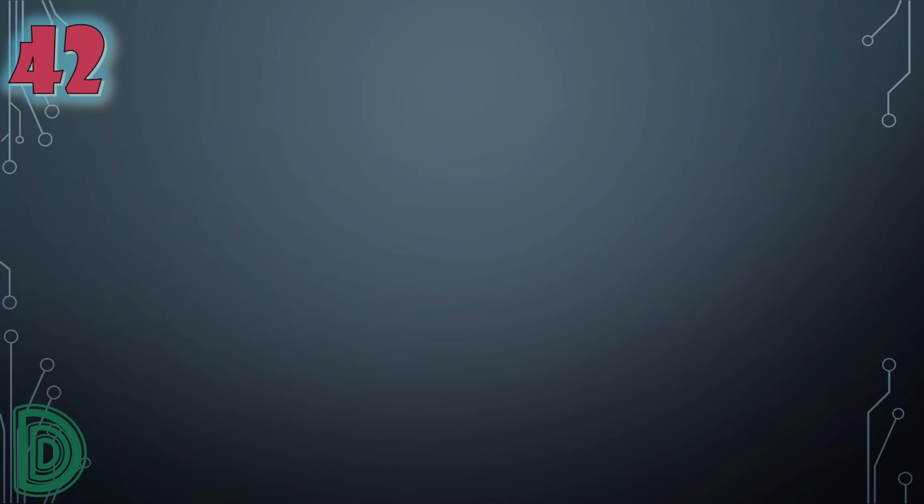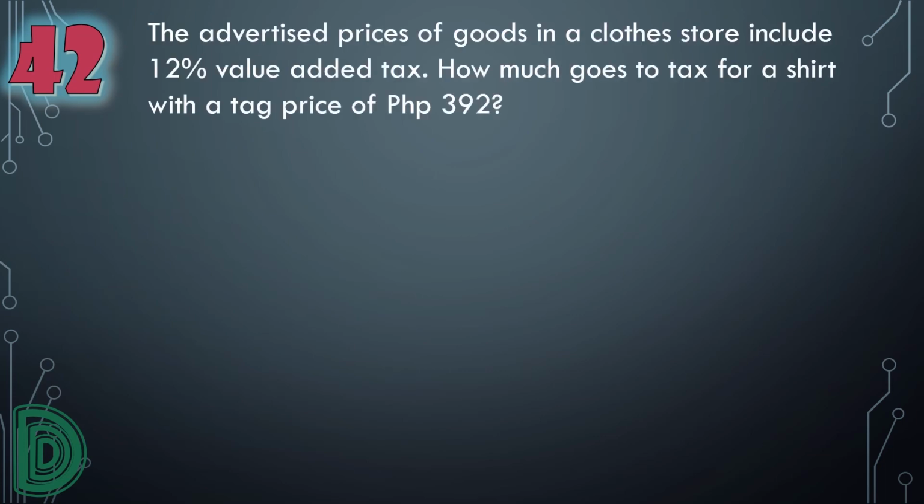Number 42. The advertised prices of goods in a clothes store include 12% value-added tax. How much goes to tax for a shirt with a tag price of 392 pesos? If 392 pesos already include the 12% value-added tax, then we say the 392 is 112% of the actual shirt price.